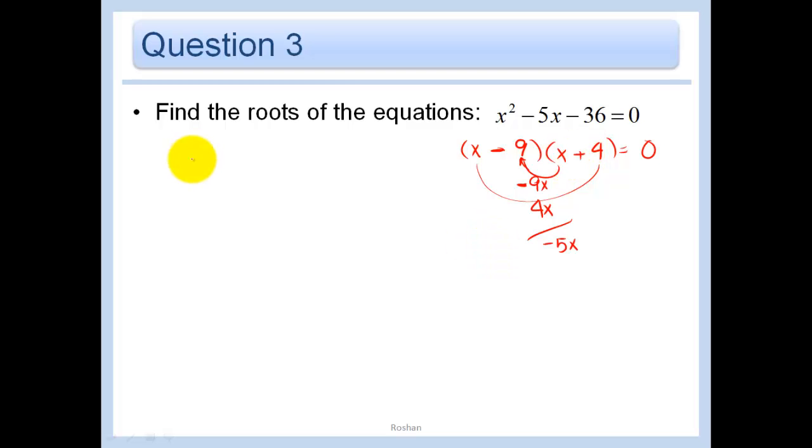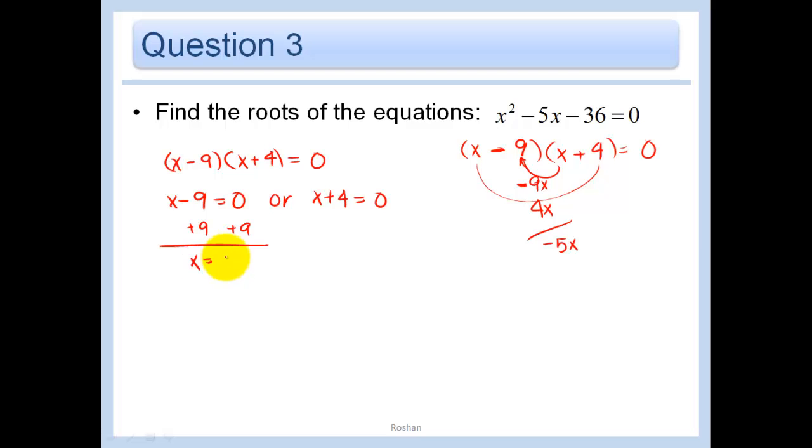And so I'm just going to rewrite it over here. x minus 9 equals 0, or x plus 4 equals 0. Add 9, x equals 9, or subtract 4, x equals negative 4. And those are the roots of my equation.